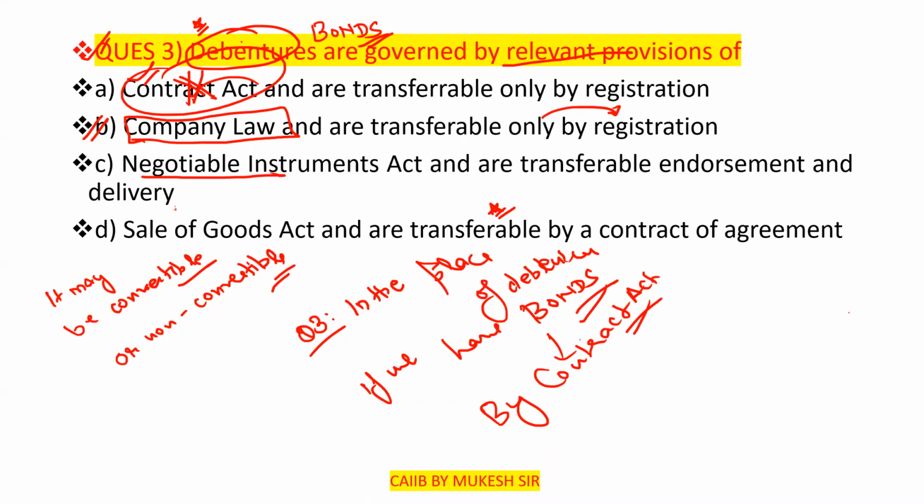If they are bonds, they are governed by the law of contract. Please remember that this is the difference: debentures are governed by company law, and bonds by contract law.